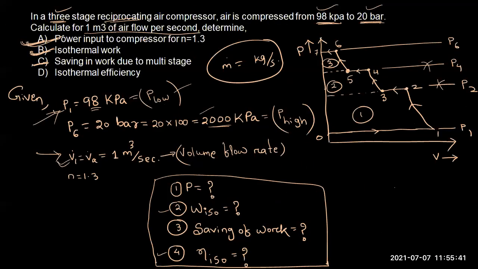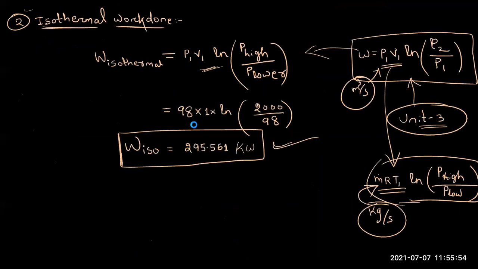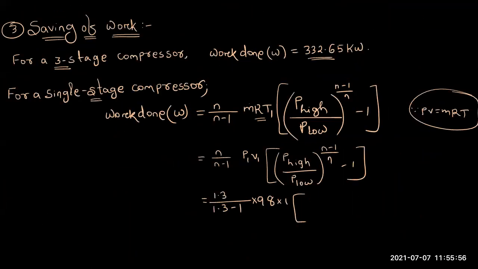Means if it is a single stage compressor, these intermediate pressures will not be there. Directly air will enter at the lowest pressure, that is 98 kilopascal, and it will compress to the highest pressure, that is 2000 kilopascal. So here we will write 2000 divided by 98 to the power N minus 1 by N, 1.3 minus 1 divided by 1.3.